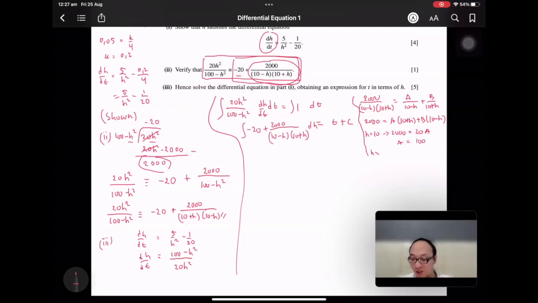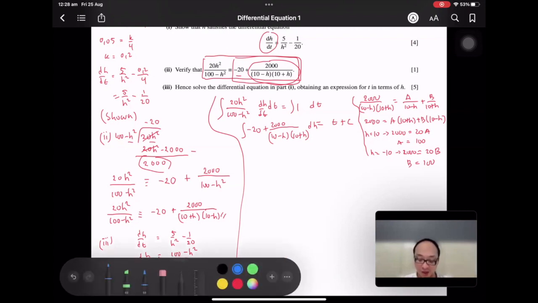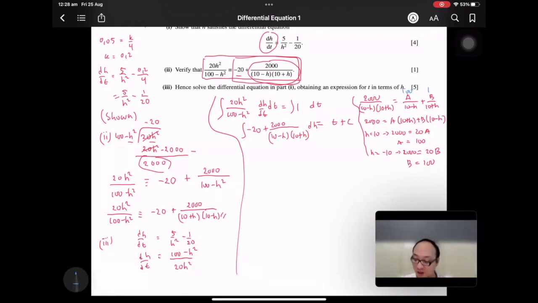For h equals negative 10, I have 2000 equals 20B, so B is also 100. So I can change the values of A and B to become 100 and 100.